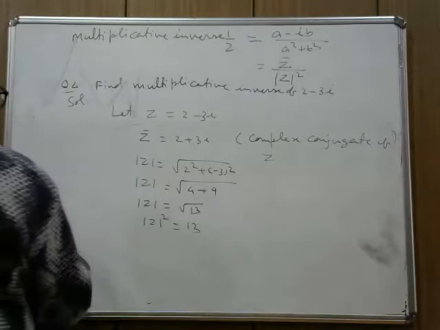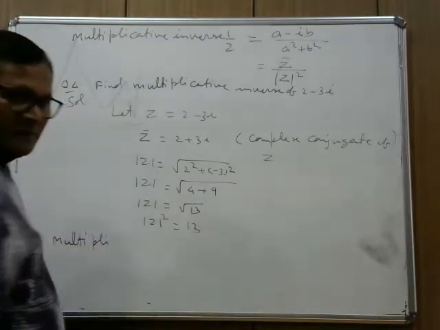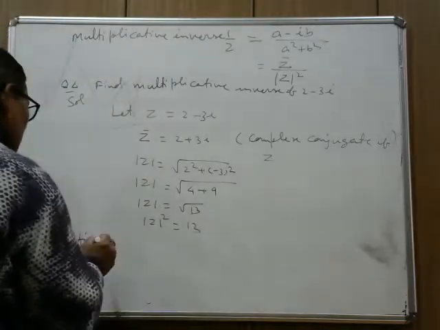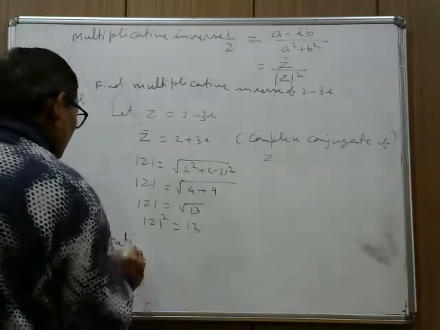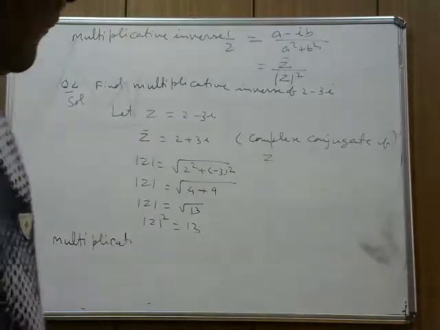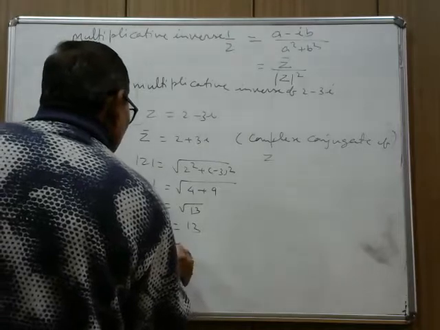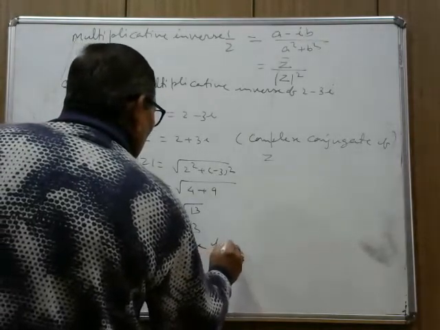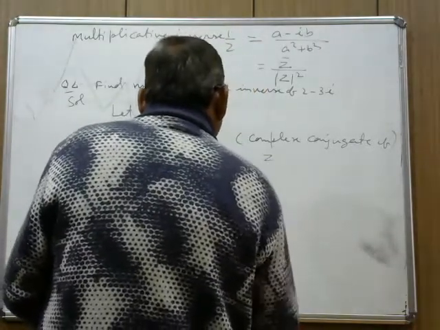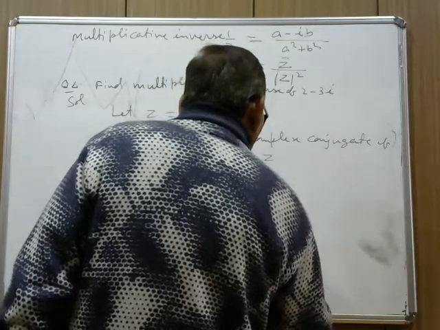Now the multiplicative inverse of 2 minus 3i, that is of z, equals z bar upon mod z whole square.